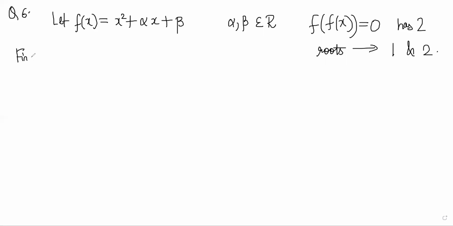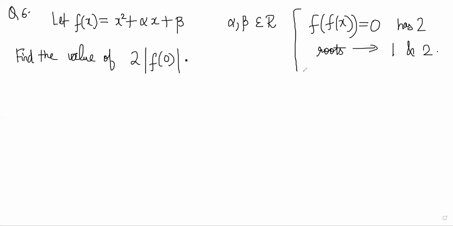Find the value of 2 times mod of f of 0. This is the first one. So the function is defined like this, and f of x equal to 0 has roots 1 and 2. You have to find the value of this.